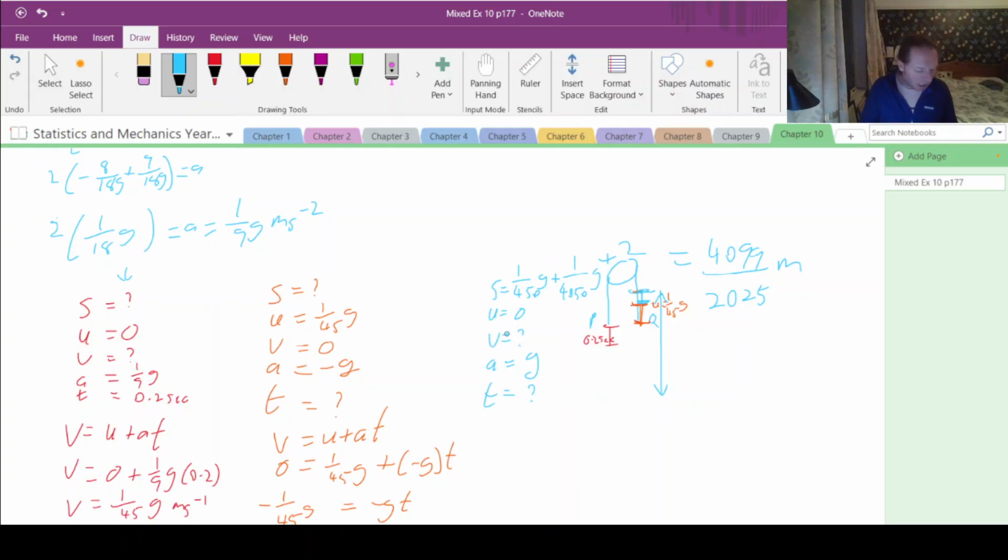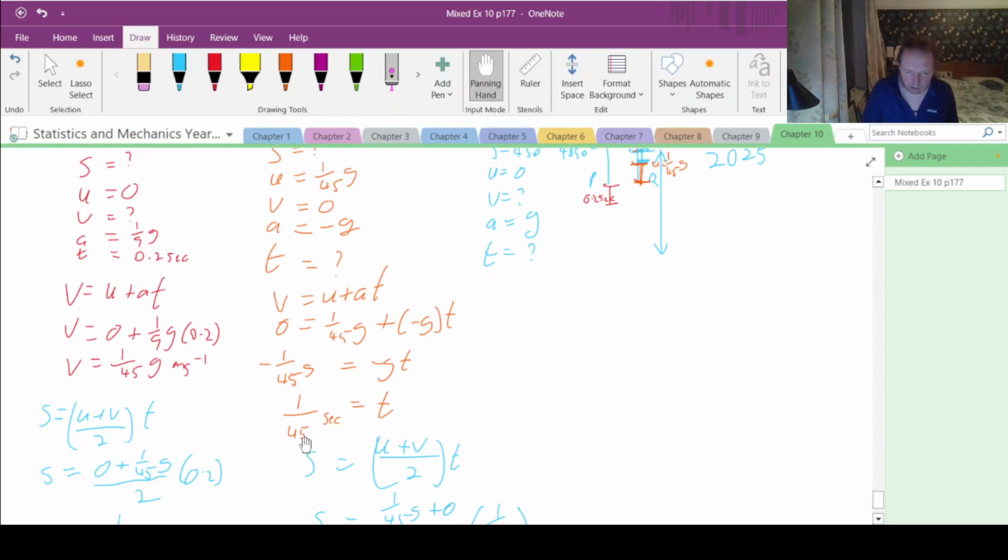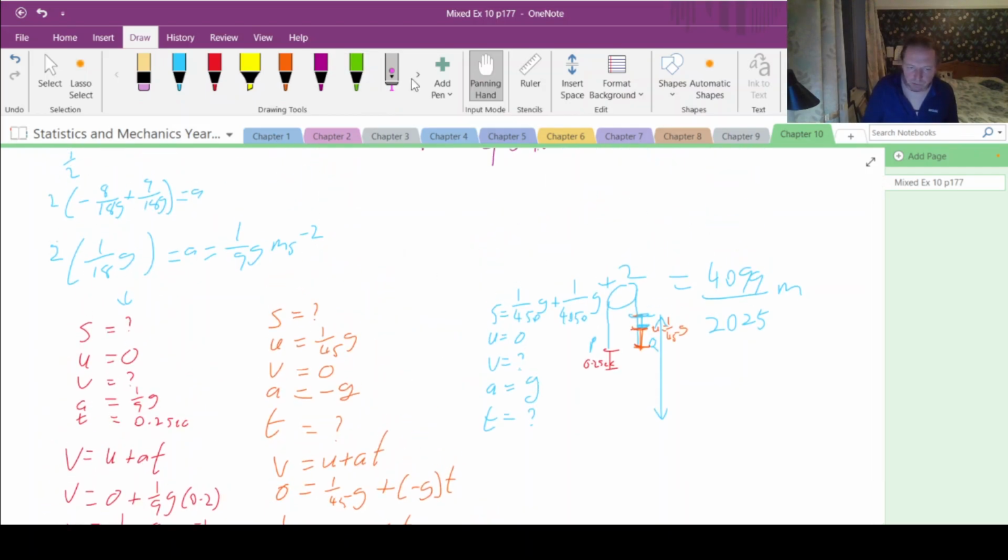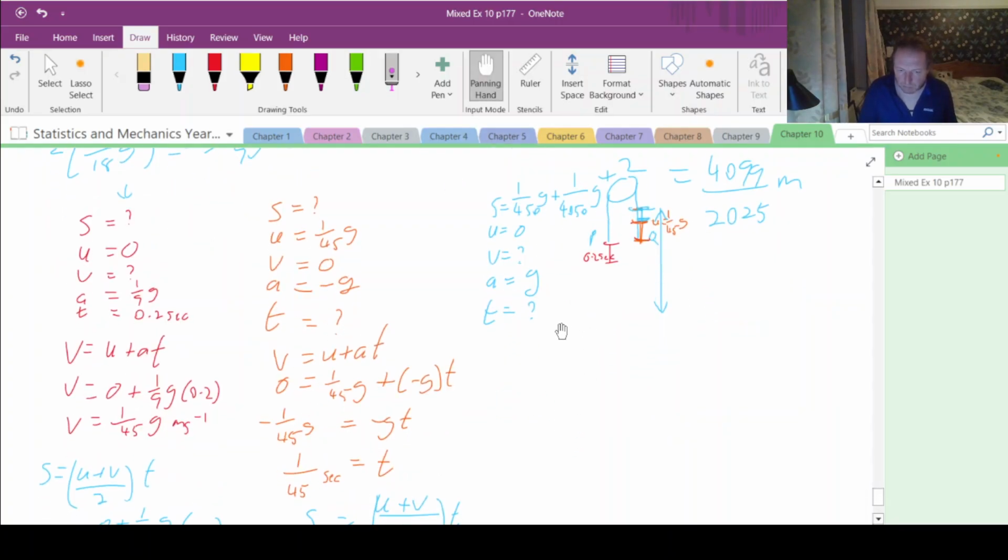So with that in mind, how long has it taken for it to fall all the way down there? As well as, don't forget, we will have to add on the time of 1/45, which was the time for it to go up, and then we're working out the time to go down. So what do I want? I want something with time in it and no final velocity.